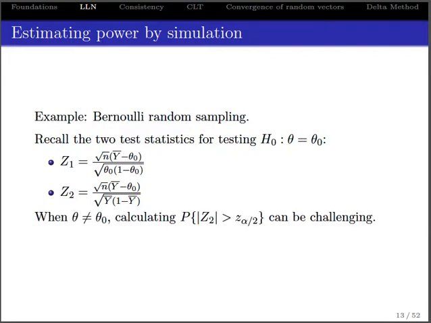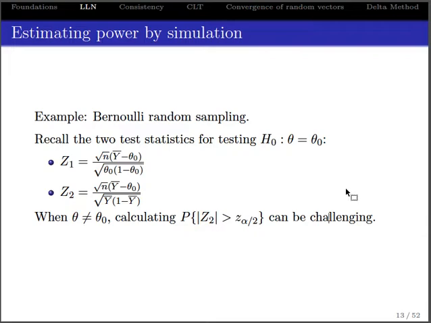And when theta is not equal to theta 0, calculating that probability, that's the power, the probability that the absolute Z2 is bigger than the critical value, can be challenging. I say this even though we did it in the first lecture, but we did it with a quick little sleight of hand. I kind of cheated you a little bit, and there was a thorny point that I didn't mention.